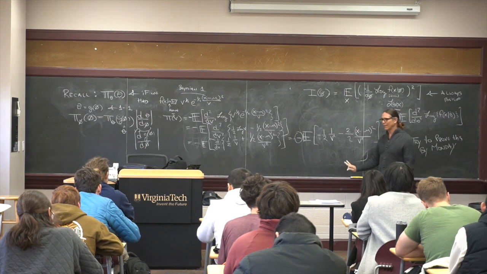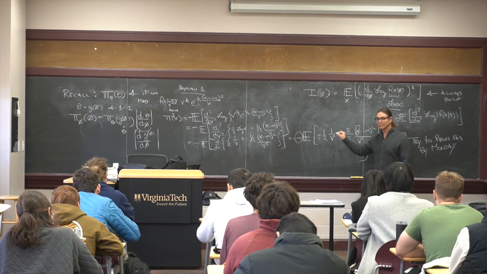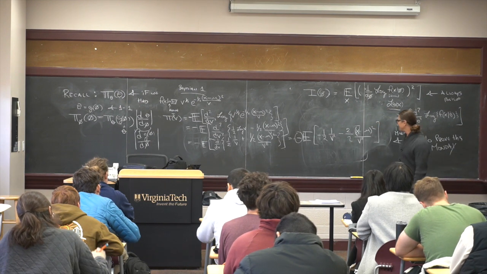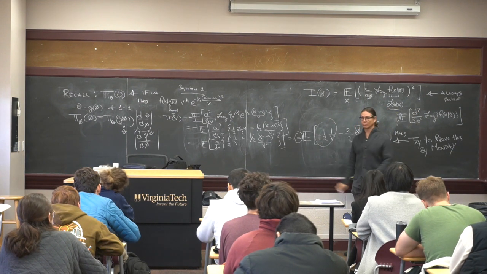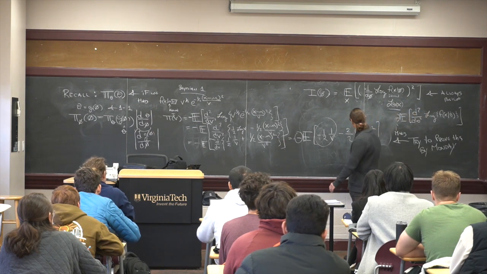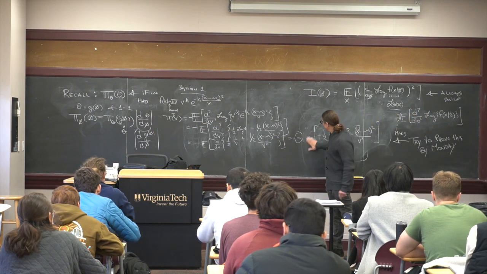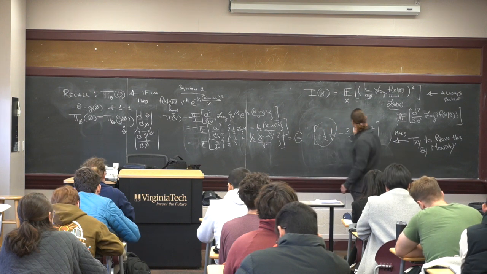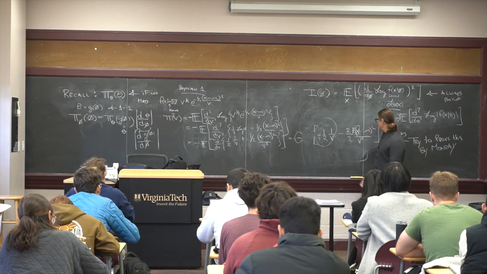Keep in mind what the expectation is over. It's over X. So I can't just factorize that thing out, but I can certainly just get rid of this thing and slide the expectation right over the top. So let's just drag that expectation around. This is the only place it appears.